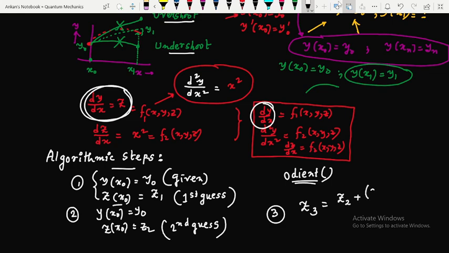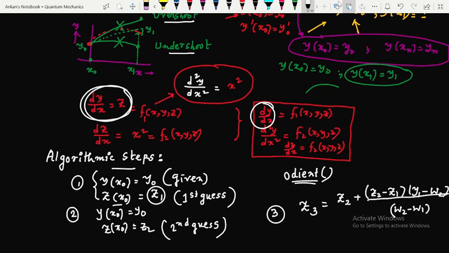So the third guess can be formed by the secant method or Lagrangian interpolation method, which must be equal to Z2 plus (Z2 minus Z1) into (Y1 minus W2). What is W1? W1 is the actual solution of the differential equation as obtained by choosing the first guess Z1.